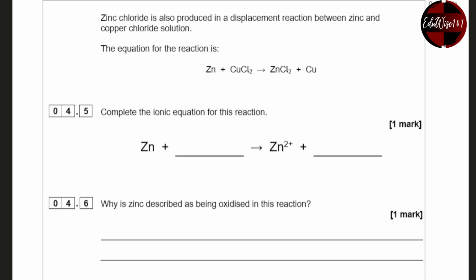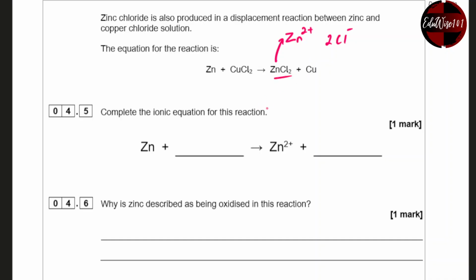So for the ionic equation, the zinc is going to lose electrons. Now remember, chlorine is in group 7, so it is going to gain 1 electron. So that means if it's forming zinc chloride, zinc is forming 2+, and then 2 chloride ions are being formed as well.